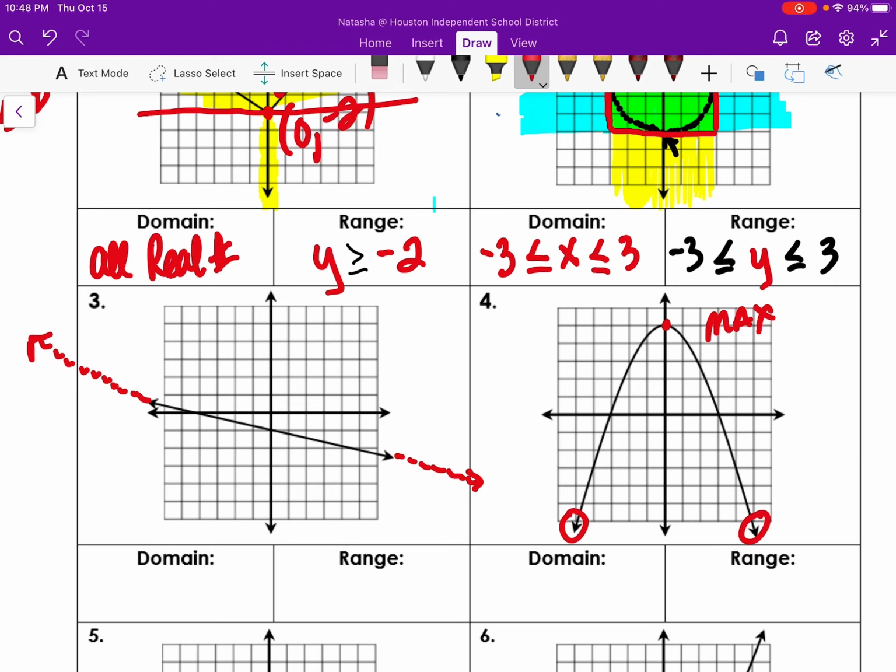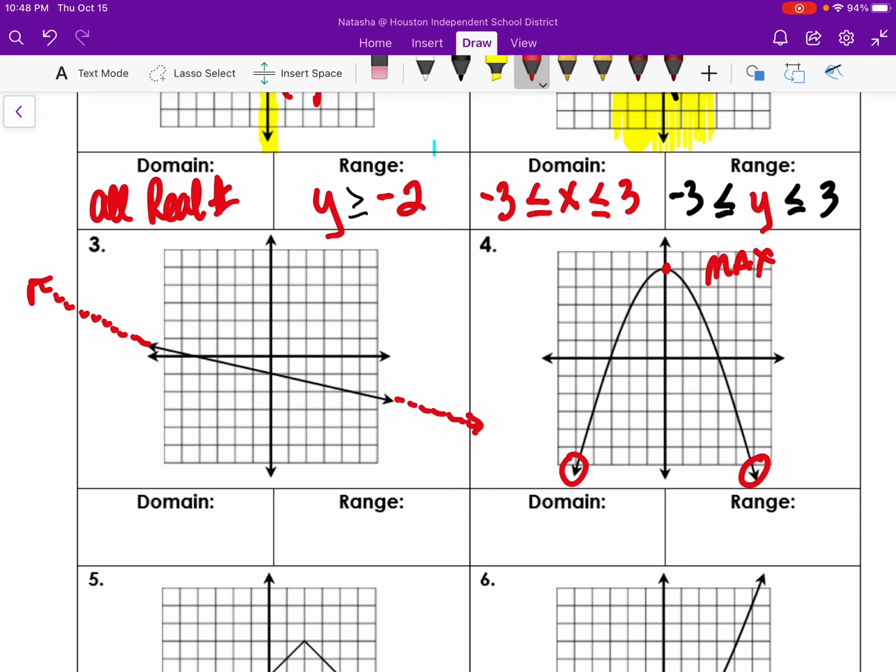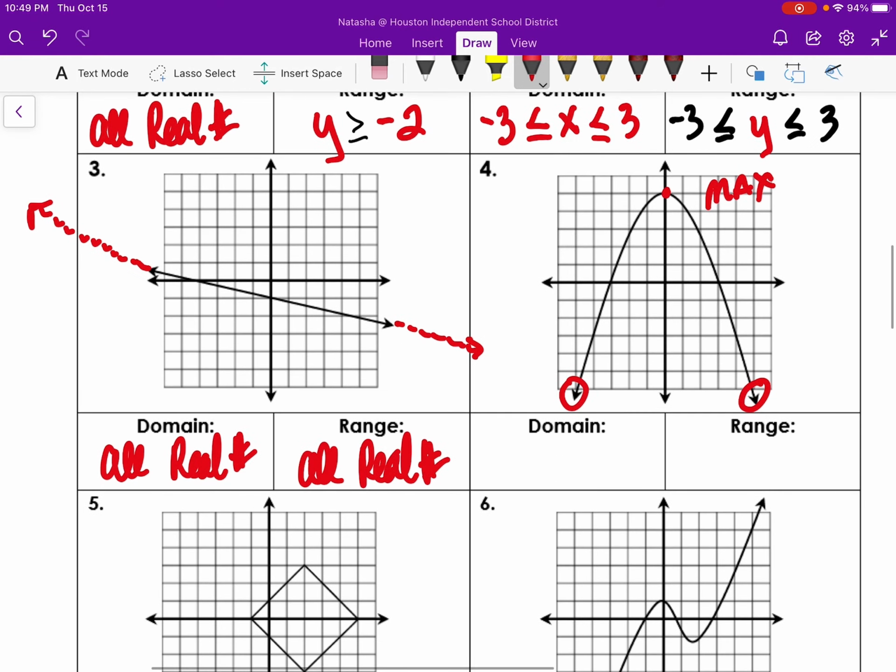But in number 3, they're going in opposite directions to each other, so they're still getting bigger and bigger. So the domain and range of this one is going to be all real numbers. Whenever you see a line like this and it has a slope, you can say all real numbers.